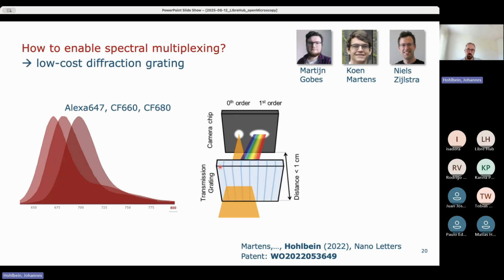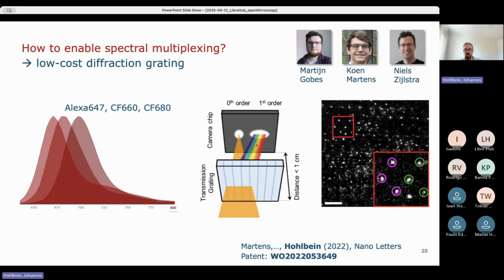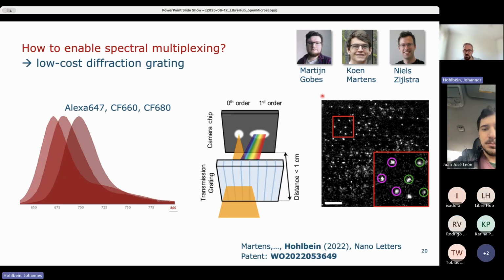But by using this grating, we generate a plus first order of the refracted light, and the distance between the zeroth order and the first order depends on the wavelength of the light. So by measuring the distance between those two spots, we get an idea about the median emission of our fluorophore. On the right, you see a raw image.